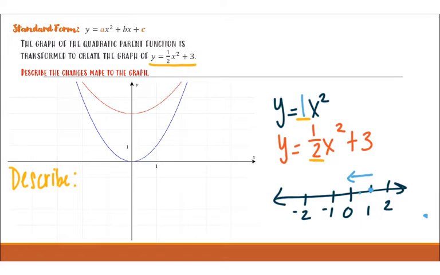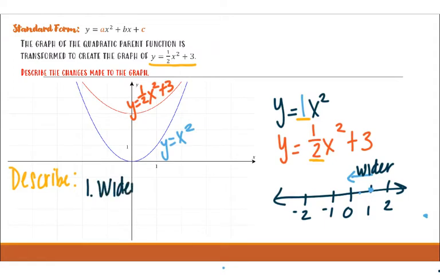If we look at the graph of our parent function being transformed to our new equation, I'm labeling the functions here for us. It looks like we pressed our graph down and it got a little bit wider. So as we travel closer to 0, that makes your graph become wider. So that's the first change that we can describe: our graph became wider.